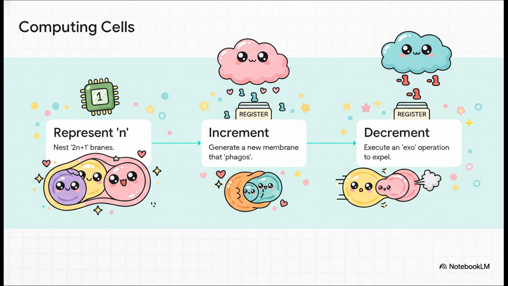You represent a basic number n by nesting 2n plus 1 membranes. To add 1 to your count, a membrane simply performs a phago action to make the structure deeper. To subtract 1, it performs an exo action to spit a layer out. It is literal, functional, biological arithmetic happening at the microscopic scale.